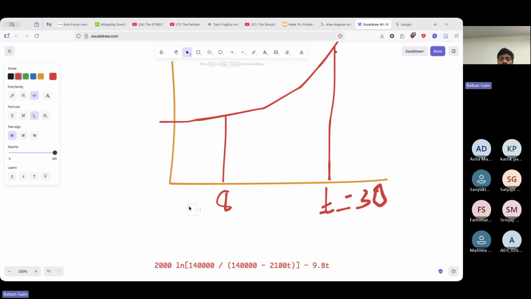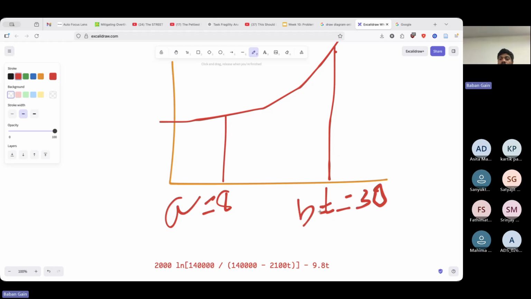A is the starting point in our data, and B is the ending point of our data, which is 30.